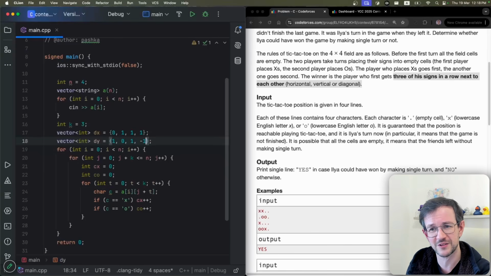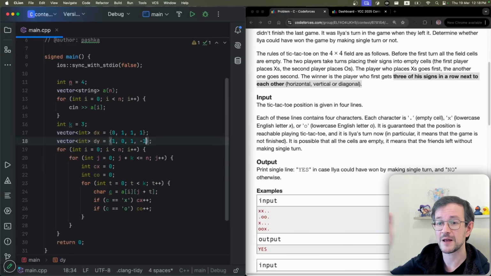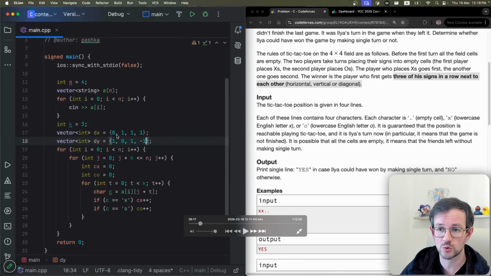If you don't know vector algebra, it doesn't matter. These two numbers tell you in which direction you move. So you may move vertical, horizontal, or diagonal here, diagonal there. And now I will just check all the directions and make this code universal, so it works for any direction.